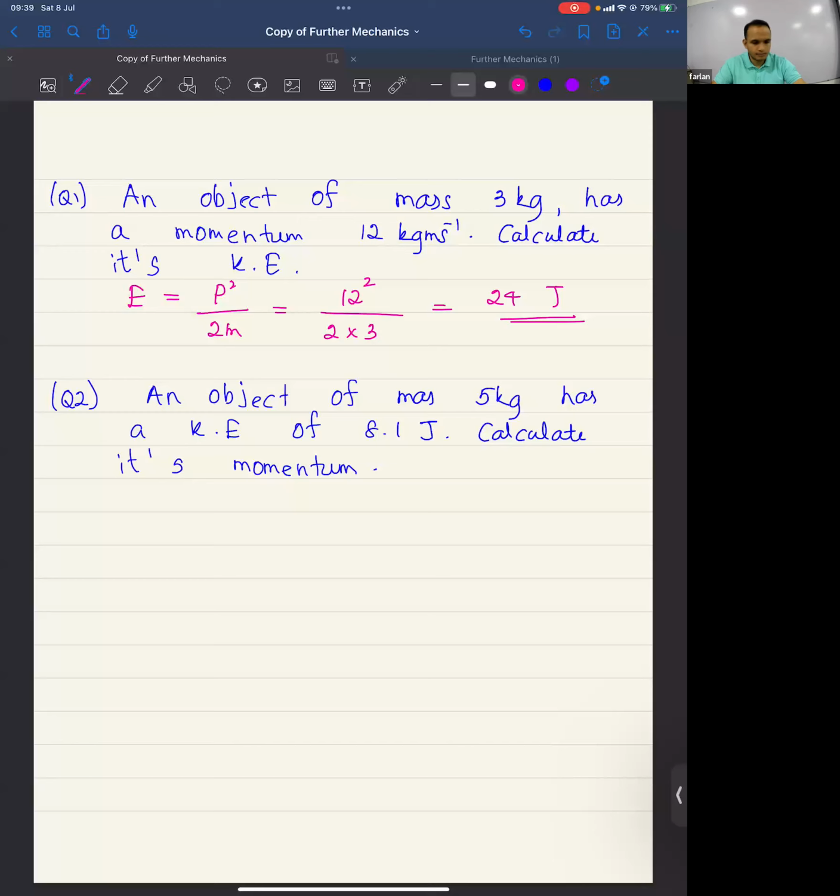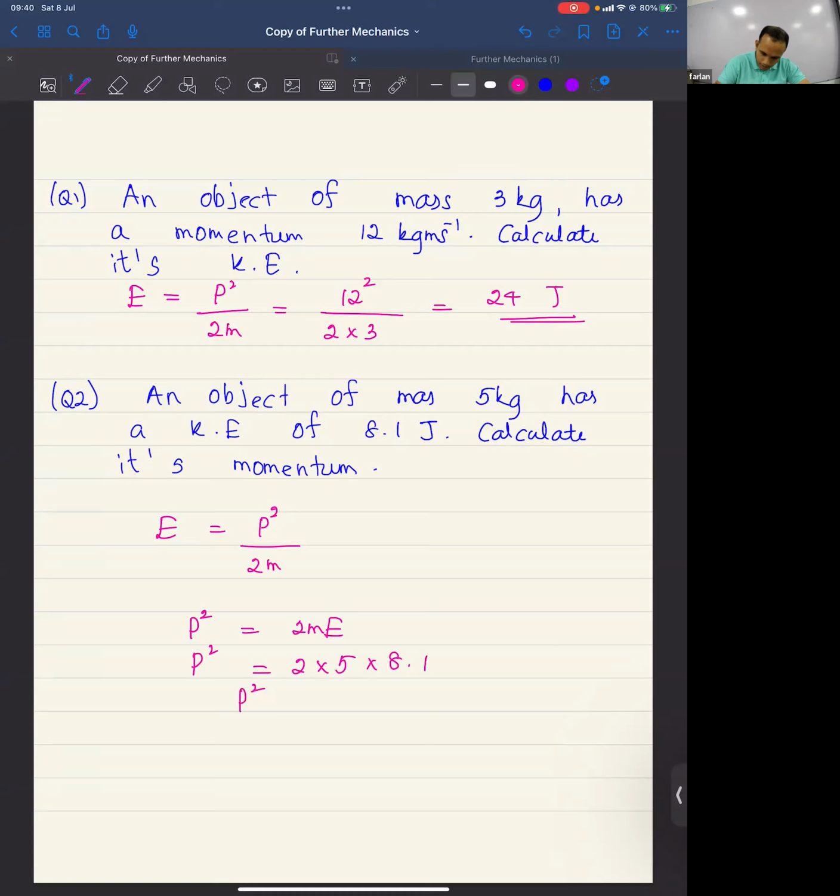9, sir. Right? So we use the same equation, E equals P squared over 2m. So we have to find the momentum now. So I'll cross multiply, P squared equals 2m into E. Correct? So P squared is equal to 2 into the mass, which is 5, into E, which is 8.1.